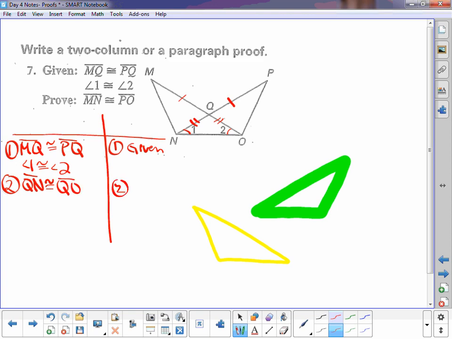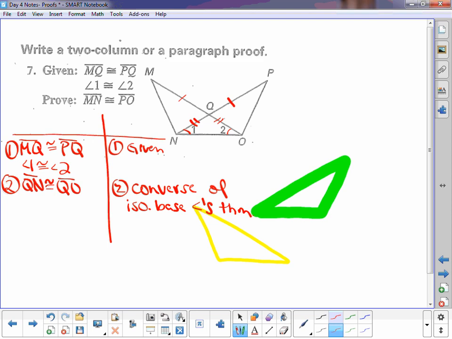And my reasoning would be converse of isosceles base angles theorem. Again, we have the angles, so we know the sides are congruent by the converse. Questions on what we've done so far?